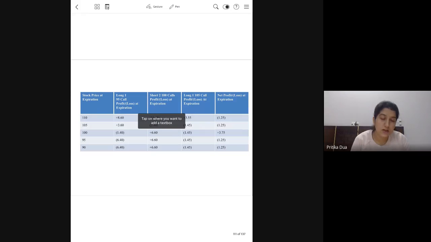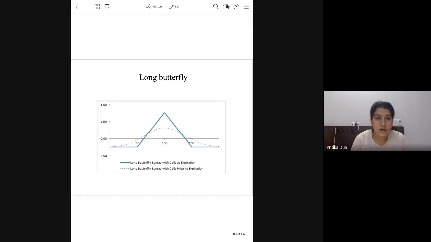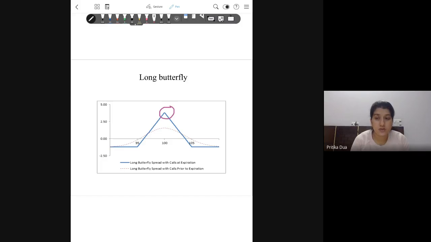So here the detailed working is also given, and now you can see this is how the payoff of the long butterfly looks like. You have one peak which comes when your option contract is expiring, when the share price at the expiry date is the same as the share price at the starting, that is 100.